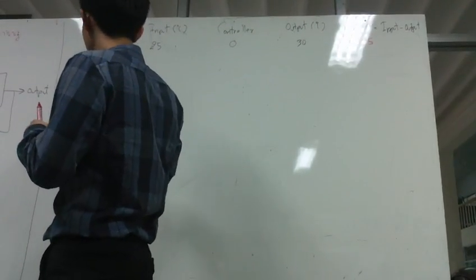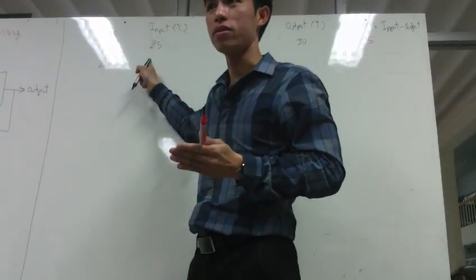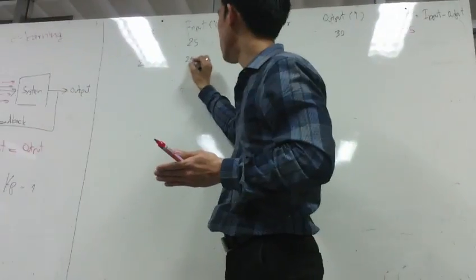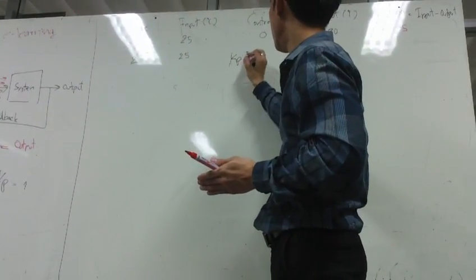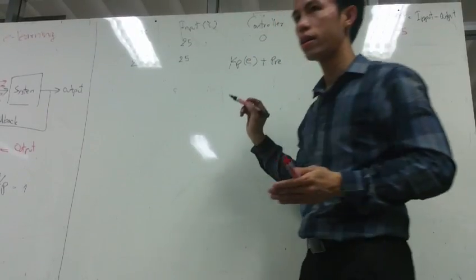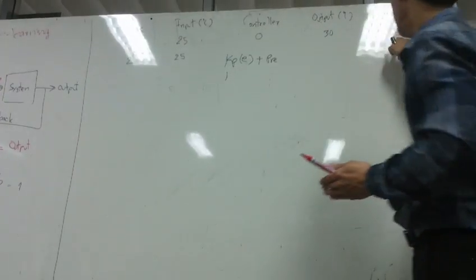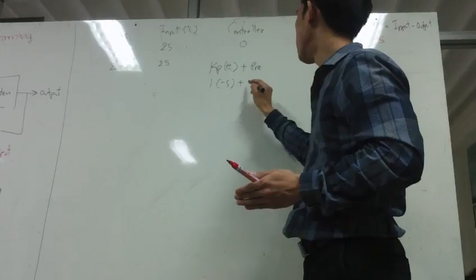So in the second time step, we still want 25 Celsius. We still want this number. The controller will do KP times the error plus previous value. KP is 1, error is negative 5, plus previous value 0.